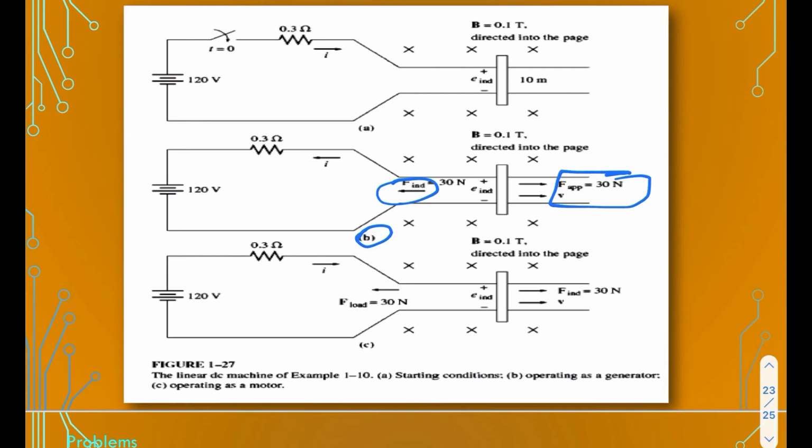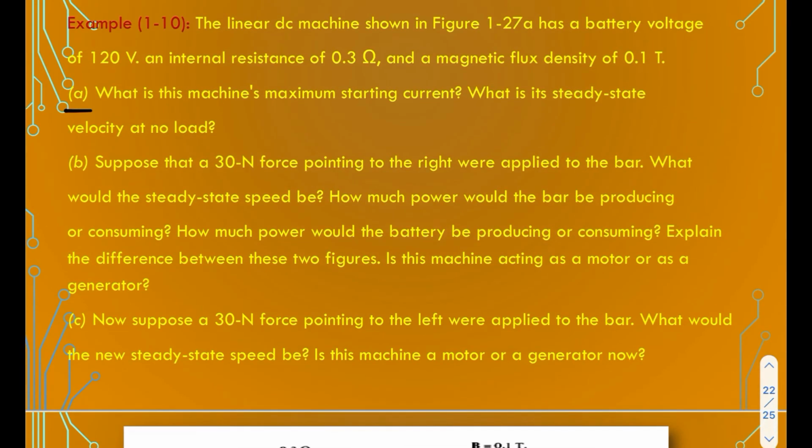Now for B, F applied will equal F induced, which equals I L B. We can find the current.